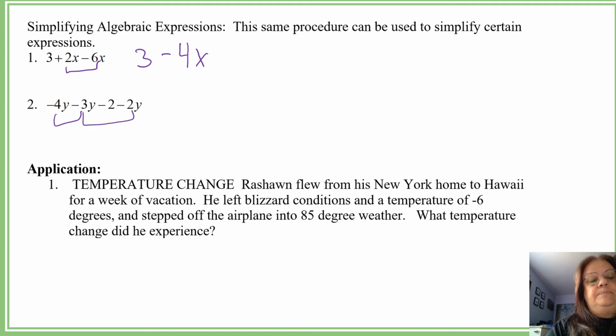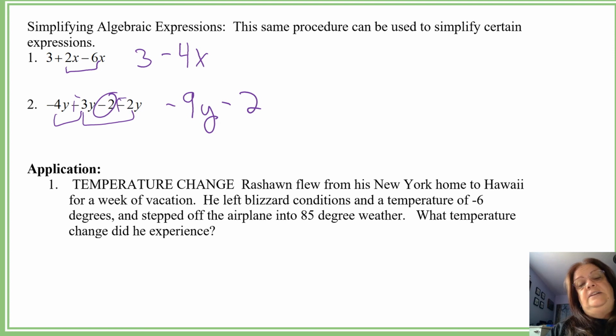I have a negative 4 plus a negative 3 plus a negative 2. Well, it's a bunch of negatives, so that's 4 and 3 is 7, plus 2 is 9. So I have negative 9y, and the only constant is the negative 2, so it's still there.